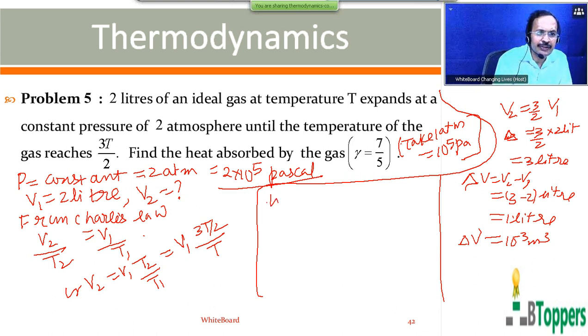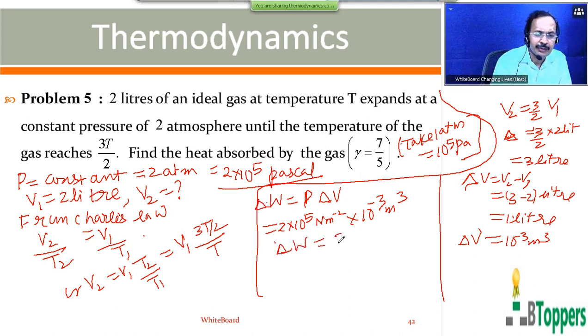So work done by the gas at constant pressure when its volume changes by delta V is given by P delta V. The pressure of the gas you can write as 2 times 10 power 5 Pascal, or 2 times 10 power 5 Newton per meter square. Delta V is 10 power minus 3 cubic meter. So work done by the gas at constant pressure will be equal to 200 joules.